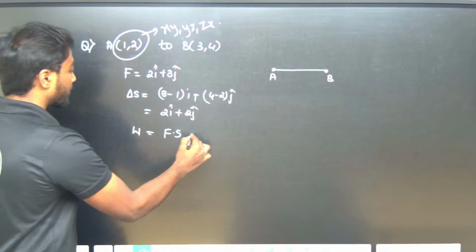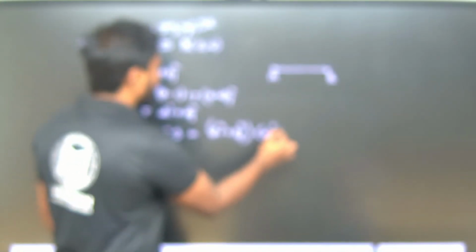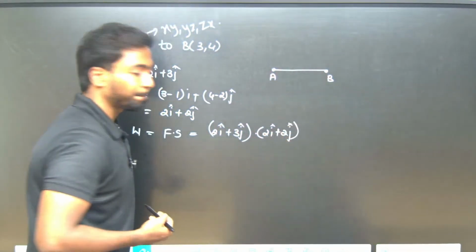Where F is 2i cap plus 3j cap and S is nothing but 2i cap plus 2j cap, okay.